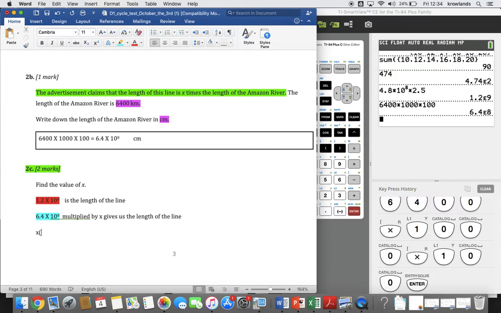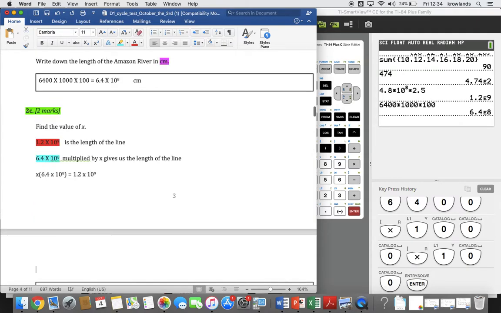So we're going to say X lots of 6.4 times 10 to the power of 8 is the same as 1.2 times 10 to the power of 9. Now this is just a simple solving equation question.